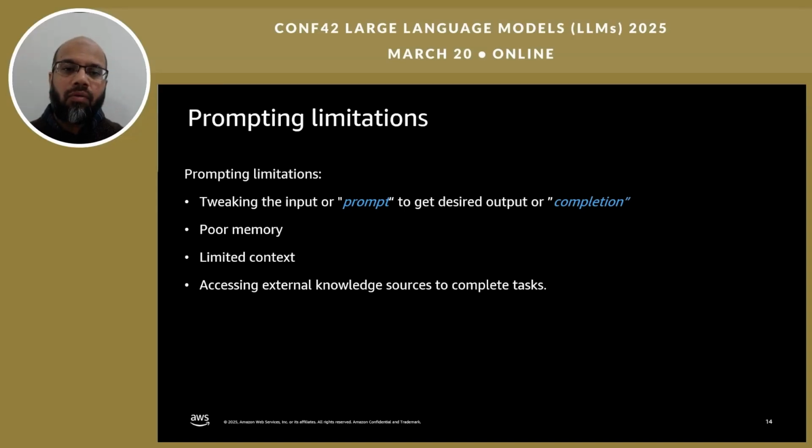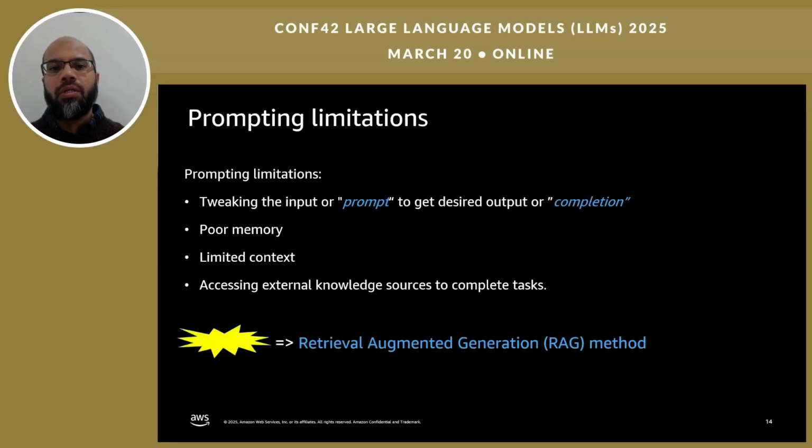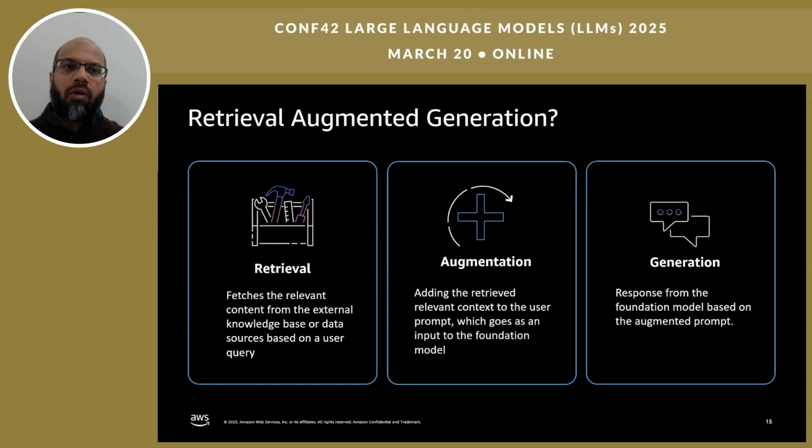And this is where the Retrieval Augmented Generation, or RAG, architecture offers more. RAG is a process for retrieving facts from knowledge bases to ground LLMs with up-to-date, accurate, and insightful data supplied in the prompt.